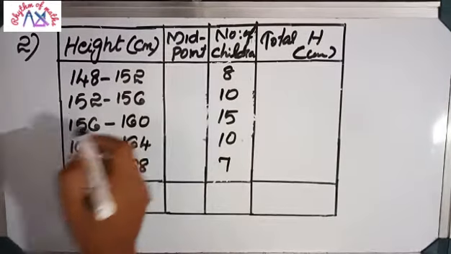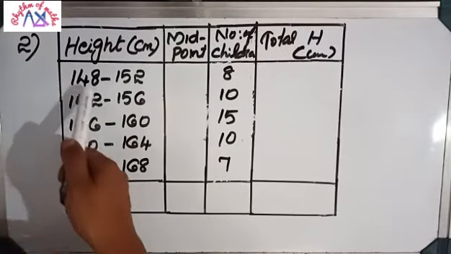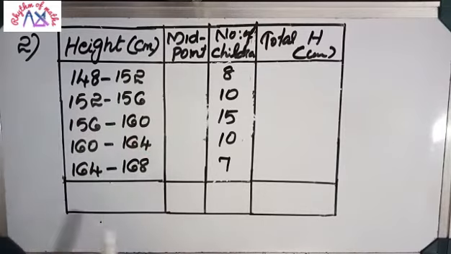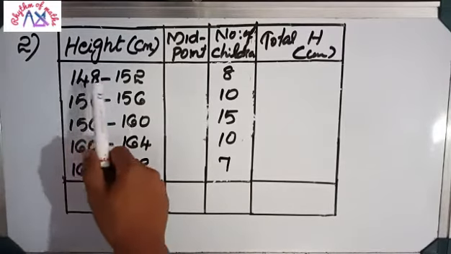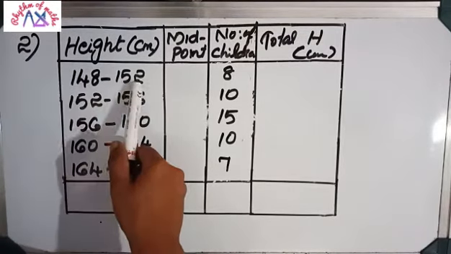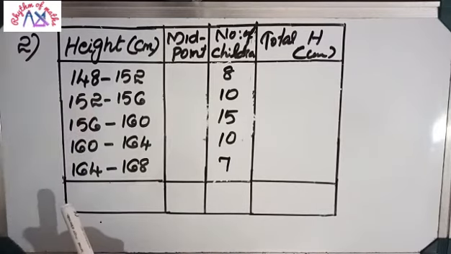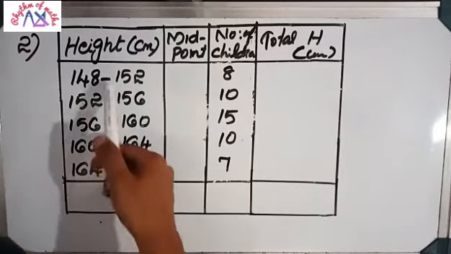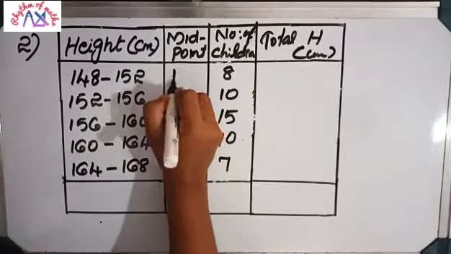Midpoint means the exact middle number between 148 and 152. Counting 148, 149, 150, 151, 152, the exact middle number is 150.